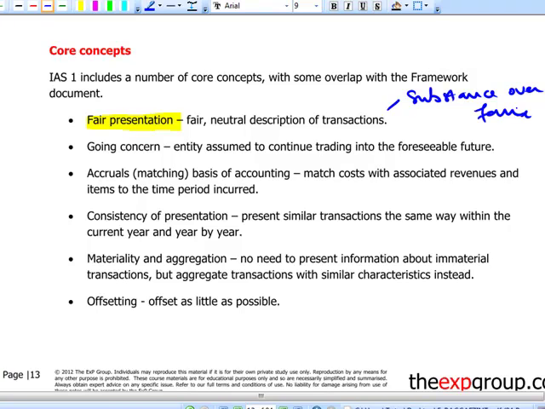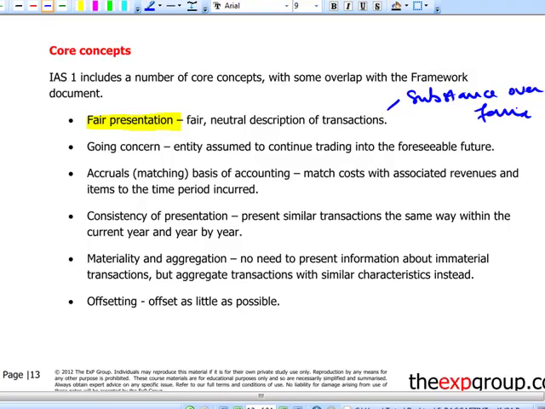It will also comprise the selection and consistent application of the same accounting policy, which will be covered in detail in IAS 8. The information that we present should be relevant, reliable, comparable, and understandable, as we have seen before, for the users of the financial statements.